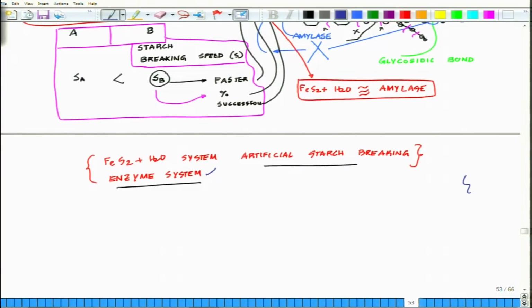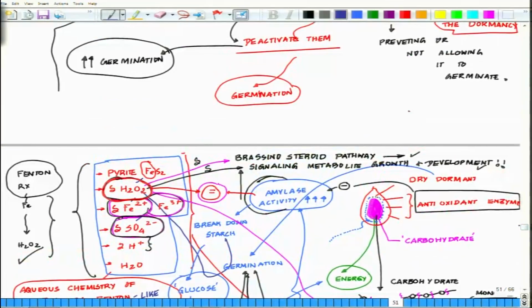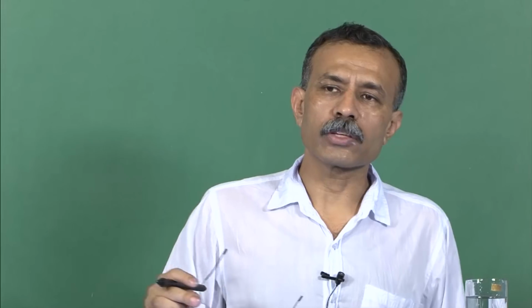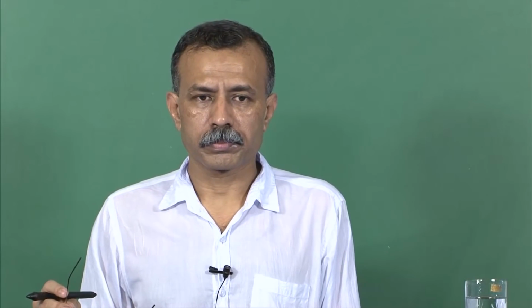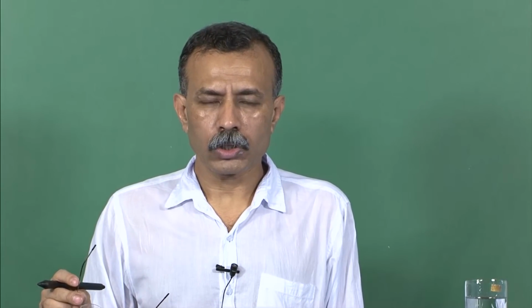And apart from it, it is believed that it triggers another pathway which is yet to be explored, called the brassinosteroid pathway, which is a pathway that gets activated when plants realize that they have to acquire more nutrients in a short period of time.